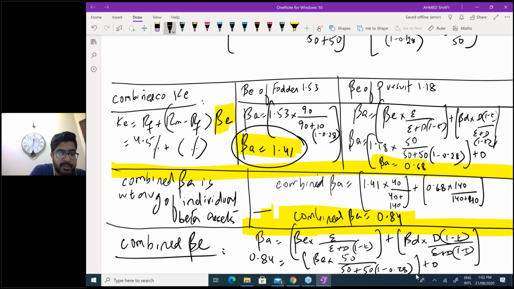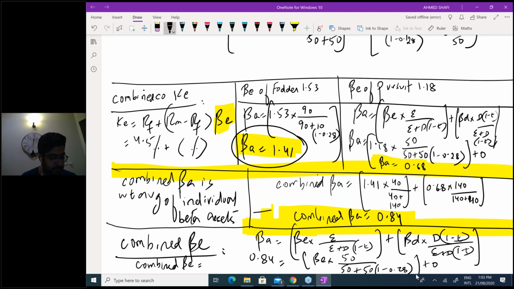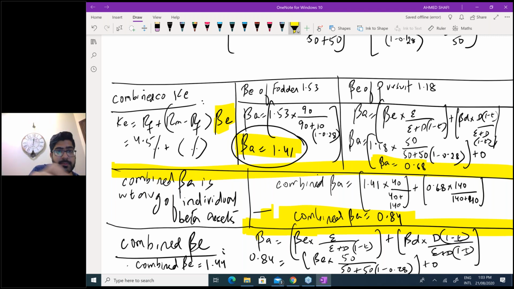So from combined beta asset, you get combined beta equity as 1.44. And that's it. That's what was missing, the combined beta equity. We place 1.44 here.